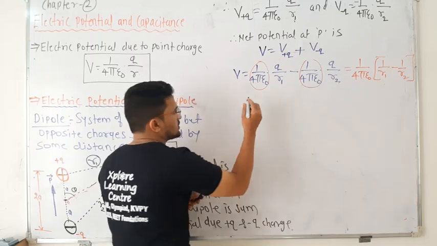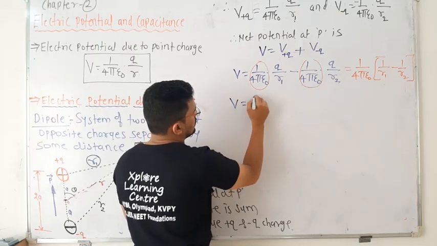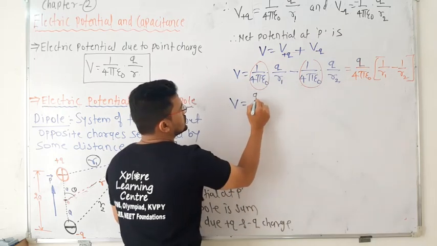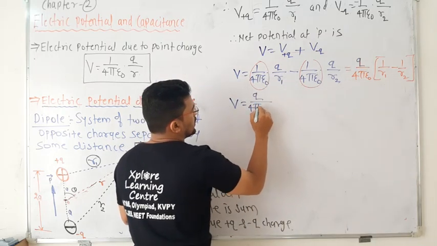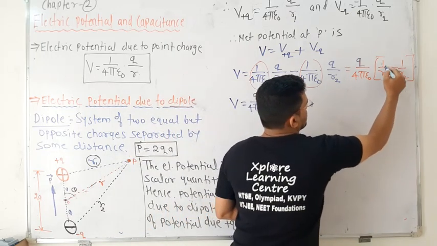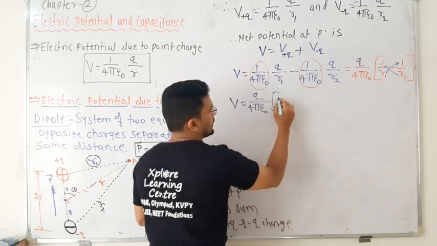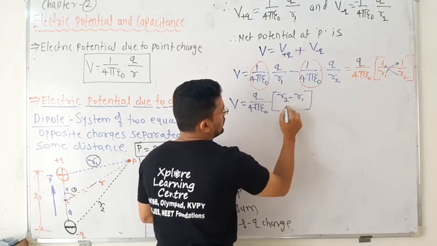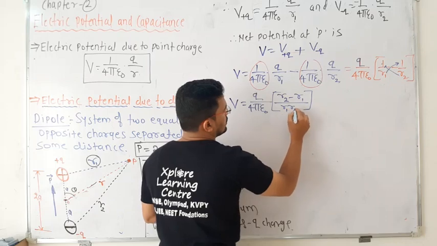Okay, so reassembling these terms, V is equal to q divided by 4 pi epsilon naught, taking the LCM, r2 multiplied on this side and r1 on this side, so r2 minus r1, the whole divided by r1 r2.